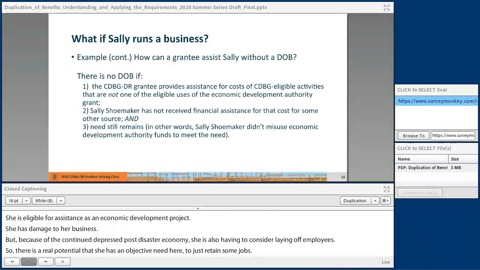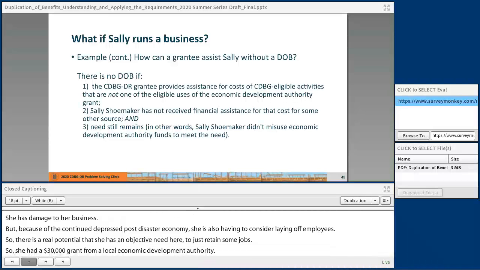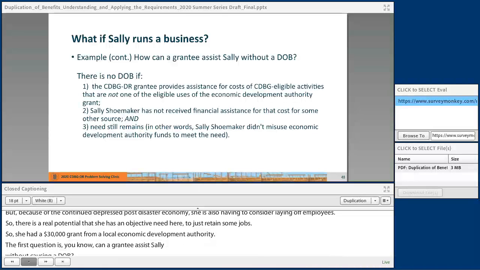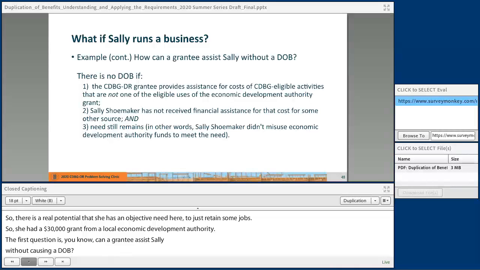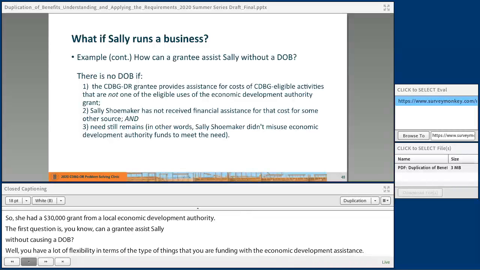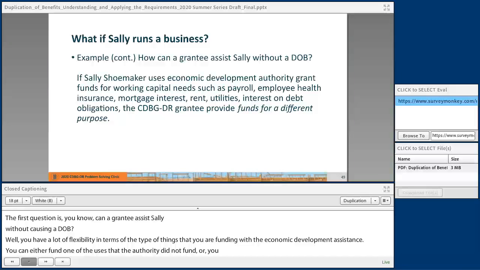Well, with economic development assistance, you have a lot of flexibility in terms of the type of things that you're funding. You can fund one of the eligible uses that the Economic Development Authority didn't fund, and when you do, you still have to do a duplication of benefits analysis to make sure that Sally has need for that other purpose and doesn't have financial assistance to cover it.